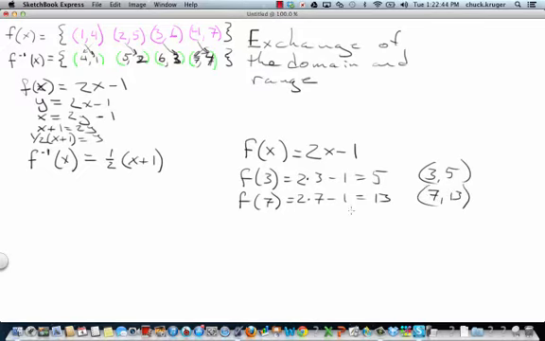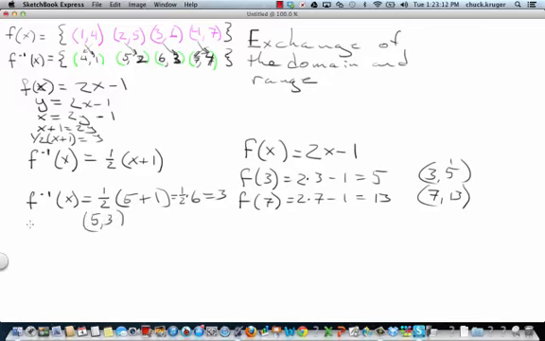In this inverse, these corresponding coordinates should interchange. So I put 5 in here because that's my y value: 1/2 times 5 plus 1, which is 1/2 times 6, and I get 3. So my ordered pair here would be 5, 3.